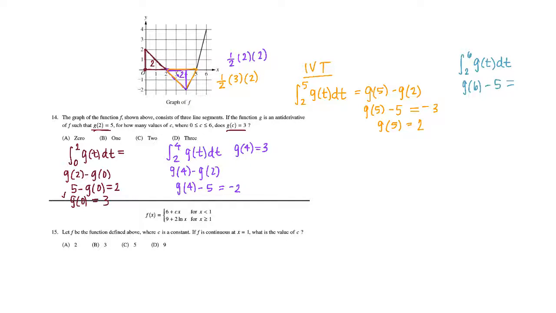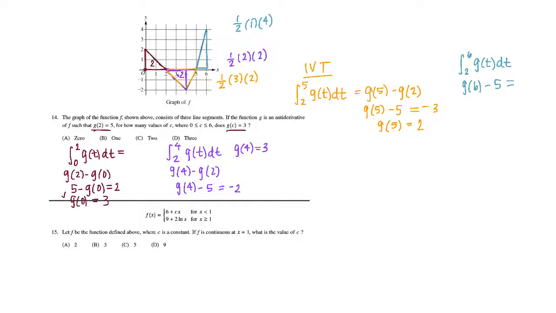But then we have to backtrack and see that from 2 to 6, well, we know 2 to 5, we found that just a second ago. We saw that that was going to be -3. So now we need to find the area of this triangle. Again, 1/2. Our base is 1, and this time our height is 4. So it looks like we're going to get 2 for that bounded area.